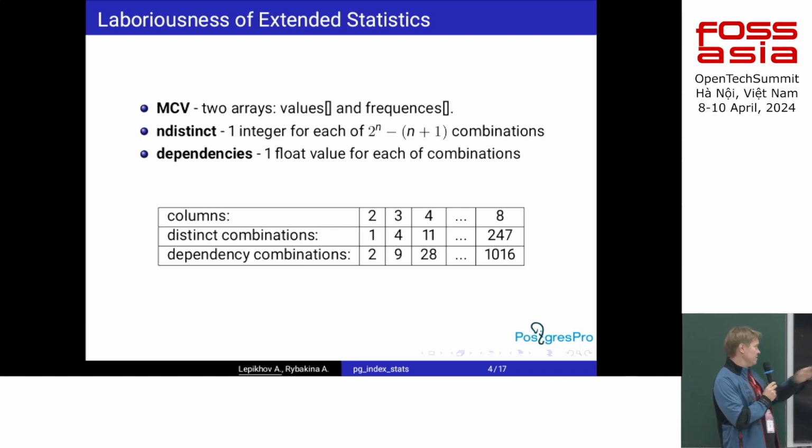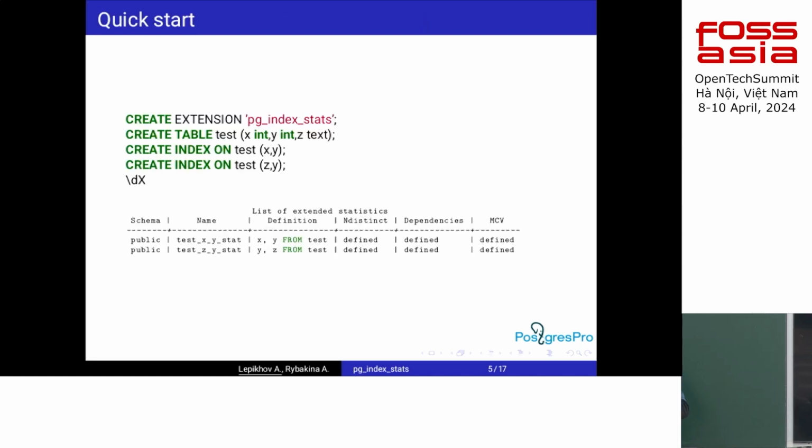With dependencies statistics, it's also one float value, but for 8 columns we already need to calculate about 1,000 different combinations. It's definitely too much. So in my opinion, we should somehow differentiate in the VACUUM ANALYZE command between calculating plain statistics on each column and extended statistics, at least to give a database administrator a chance to decide what to do, just to avoid a lot of overhead.